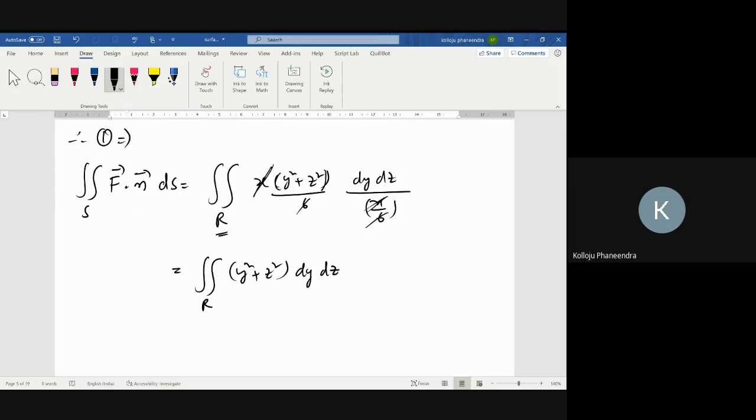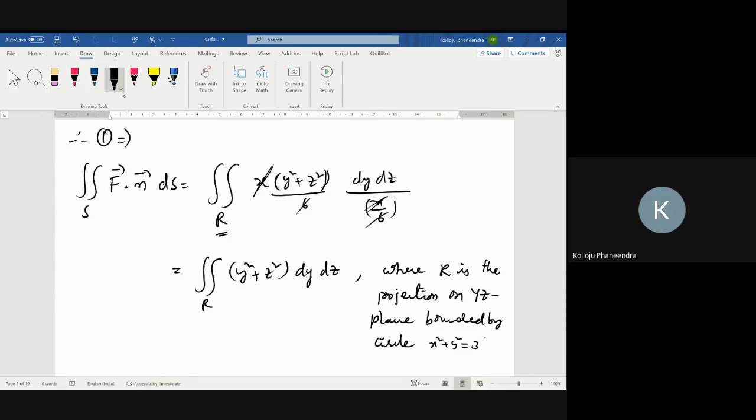Here, R is the projection on the YZ plane, bounded by the circle x square plus y square equal to 36, and z varies from 0 to 4.